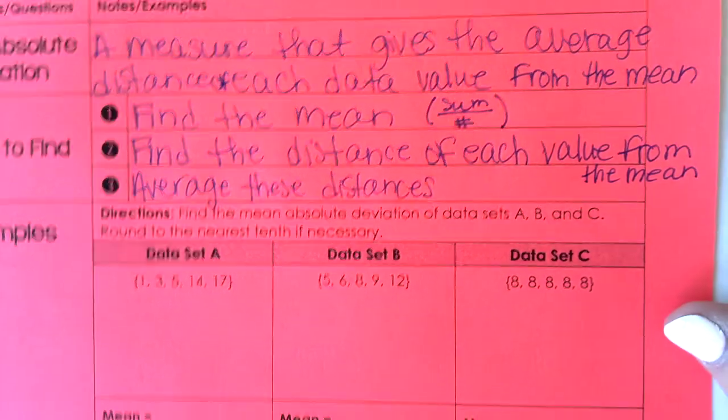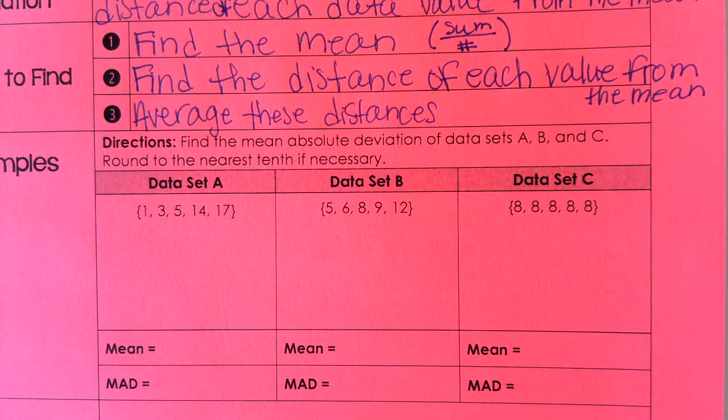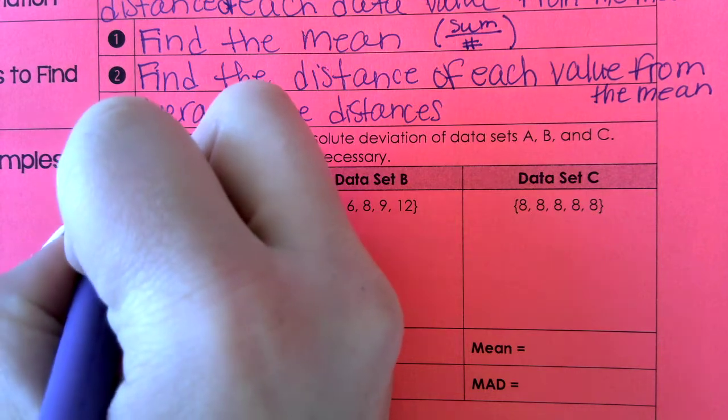Okay. So they give me 3 sets of data here. We're going to find the mean absolute deviation of set A, B, and C, and we're going to round to the nearest tenth if necessary. Instead of saying mean absolute deviation every single time, we just call it the MAD. First we have to find the mean.